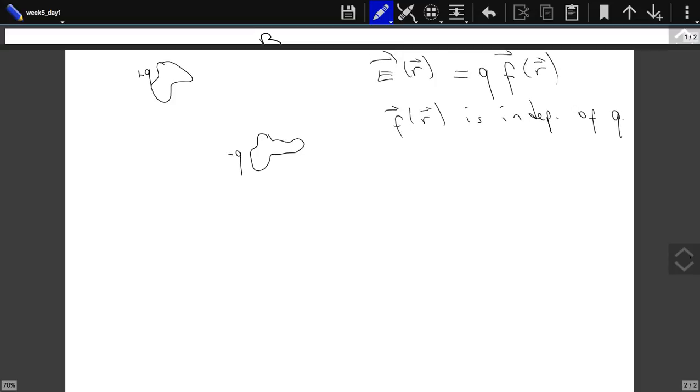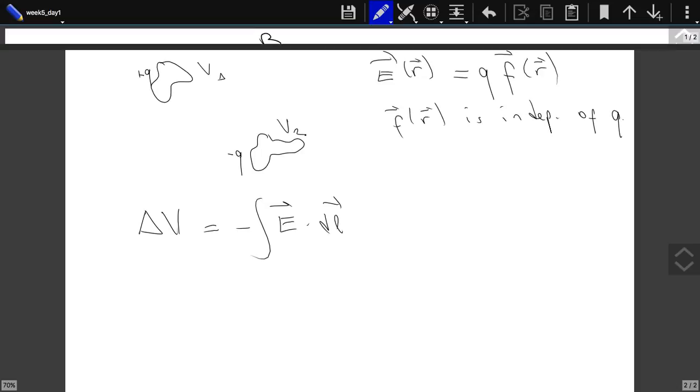You see, we had defined the potential difference. This was minus E dot dl. If you want to define the potential difference, let's say that this conductor is at the potential V1. The other one is at the potential V2.